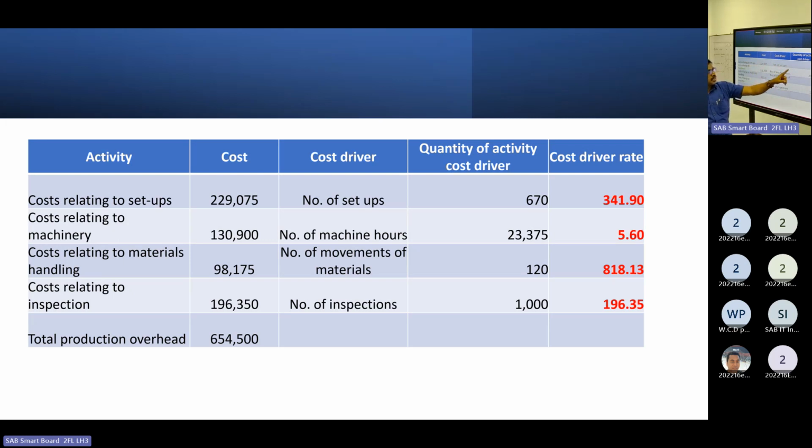So divide cost by the cost driver quantity, you can have the overhead absorption rate per cost driver, or the cost driver rate. Total cost of each activity divided by quantity of the activity cost driver.